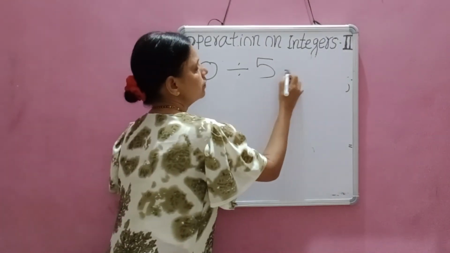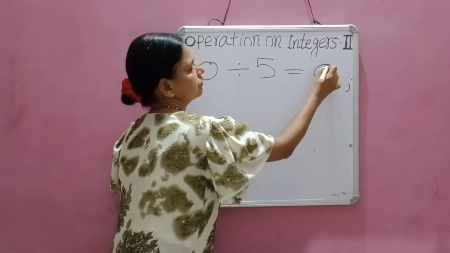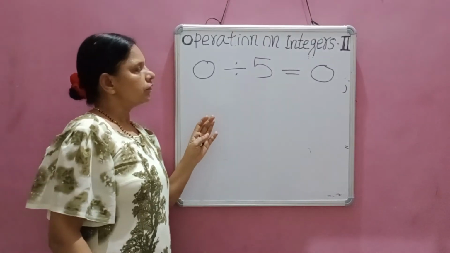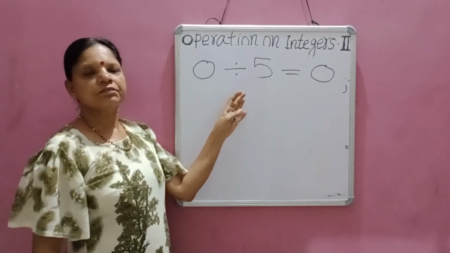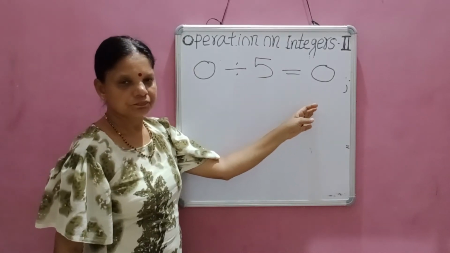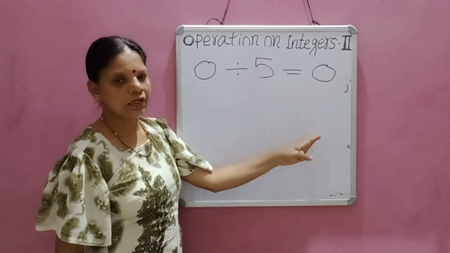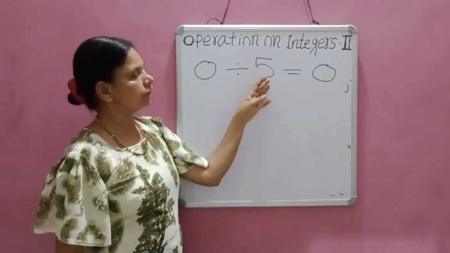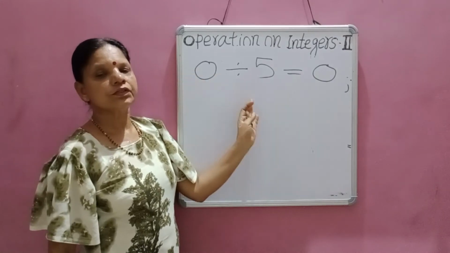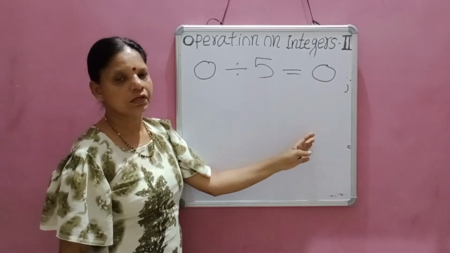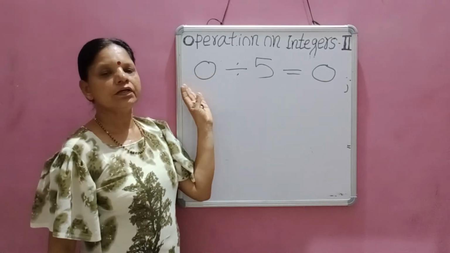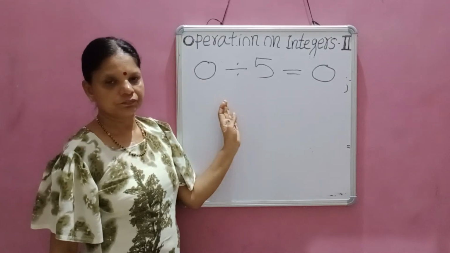So what will be the answer? And if it is 5 divided by 0, the division is not possible. The division is meaningless. If the second number is 0, whatever be the first number, the division is not defined. It is said to be meaningless. There is no question of dividing any integer by 0.